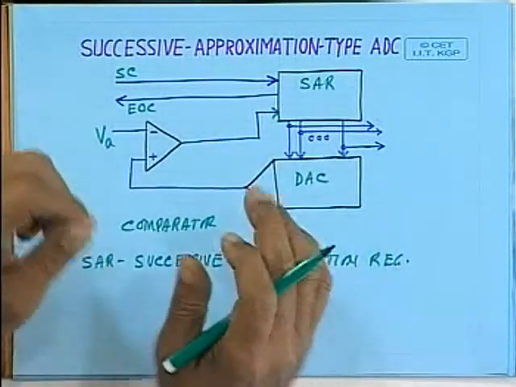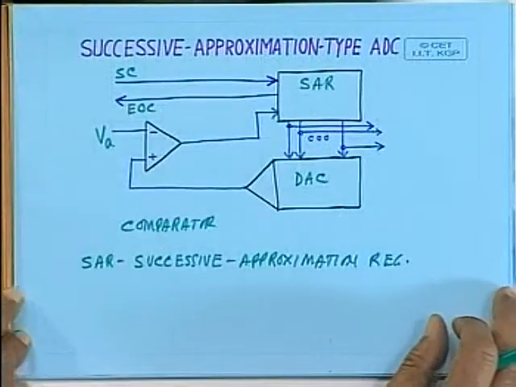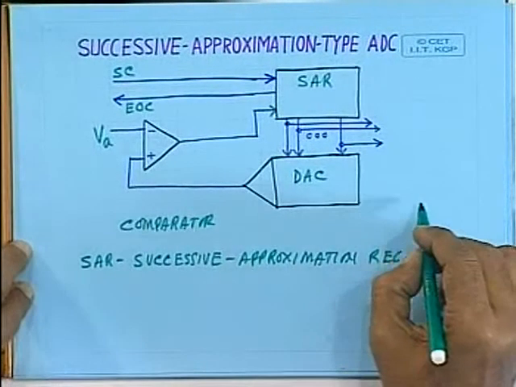Let's see how the conversion is done. The conversion is done the way weighing is done, based on binary search. Let us try to understand how it works.